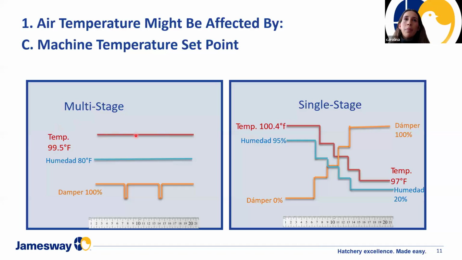But we need to keep this balance, and we need to keep this average on multi-stage, compared to a single stage where the machine will adapt to the embryo requirements. Of course, because all of them are at the same age and at the same day cycle. So the machine temperature set point can affect, of course, the actual temperature.